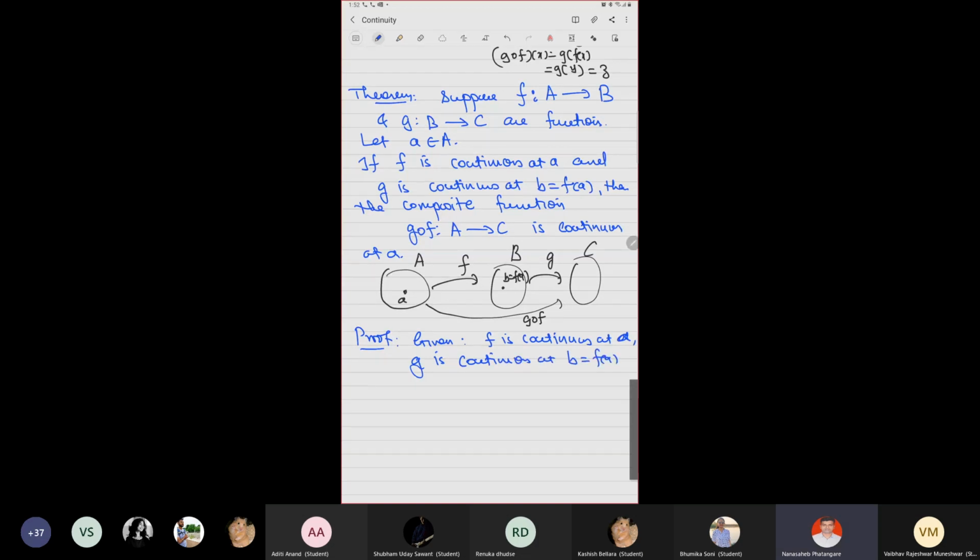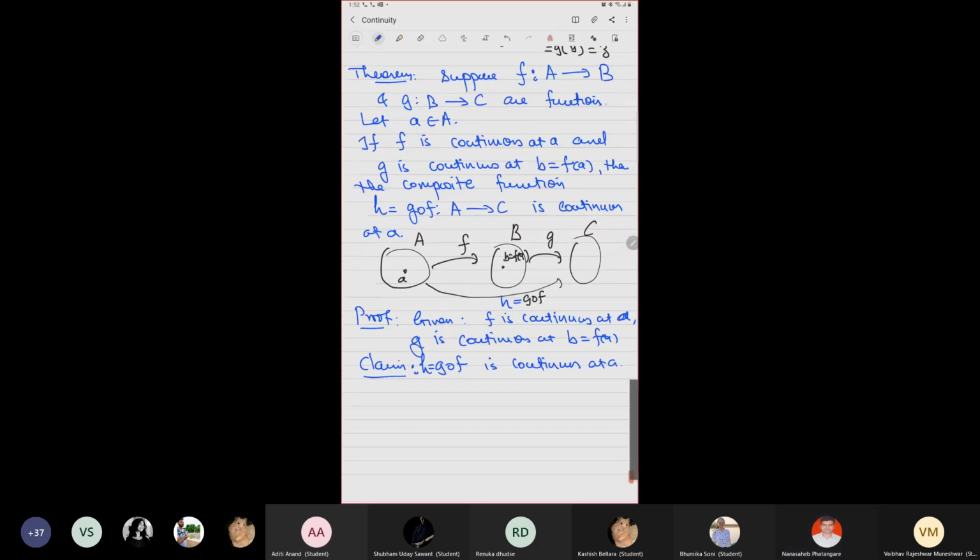What is b? b is the image of a, and g is continuous at this image. What is our claim? g composite f, let us call this as h. h equal to g composite f is continuous at a. So what is the way to start?